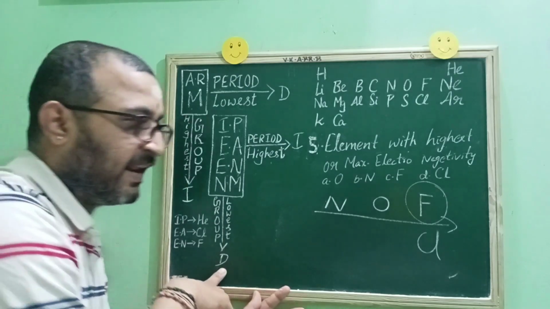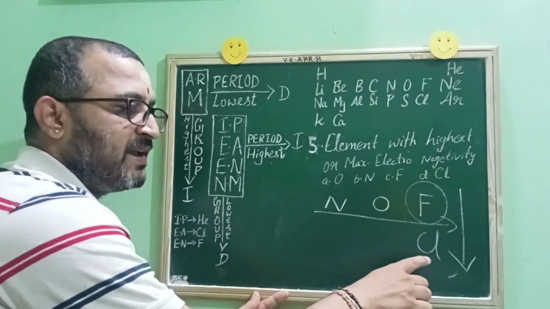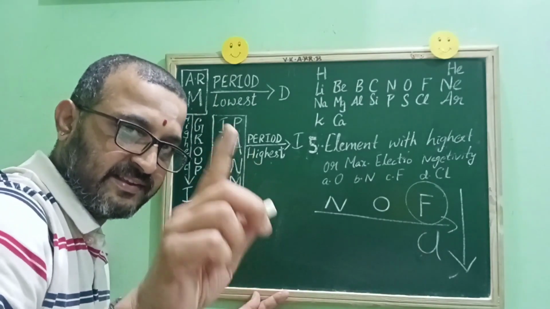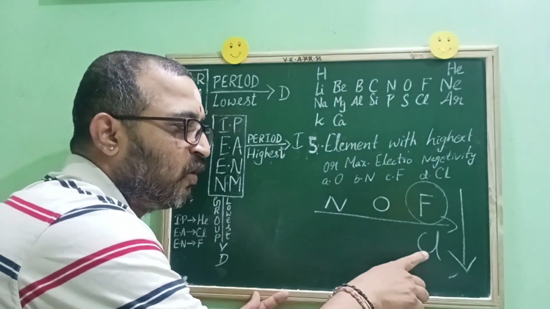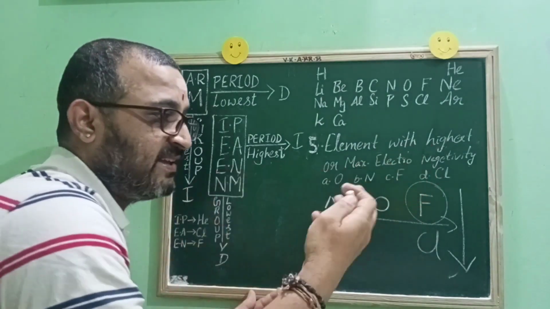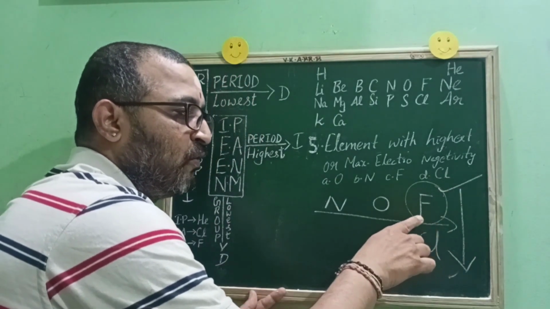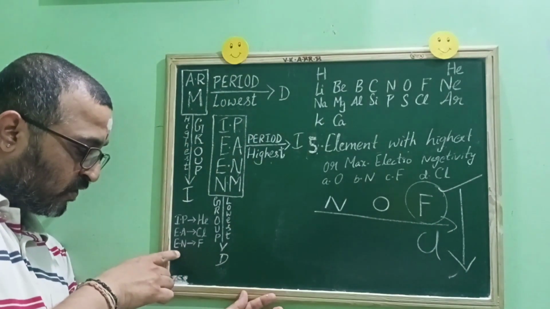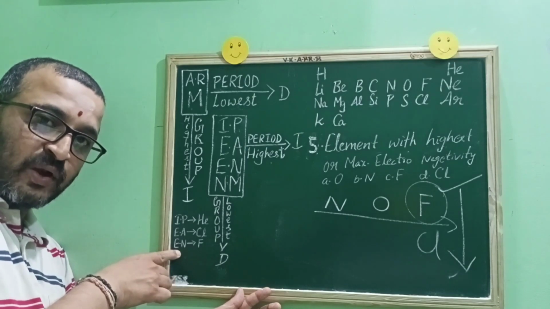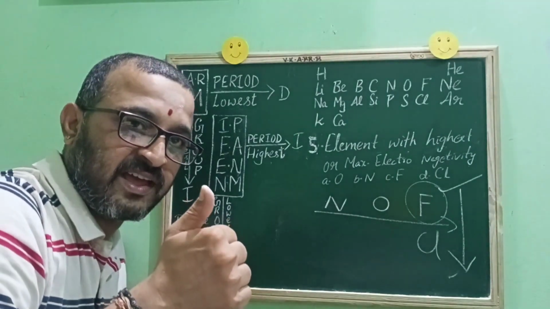Decrease. That is, out of fluorine and chlorine, which is having a lower electronegativity? Yes, you're right, it is chlorine. But in this question, we have to find the one which is having the highest. So the answer for this question will be fluorine. So the element with maximum electronegativity will be fluorine. Is it clear, children?